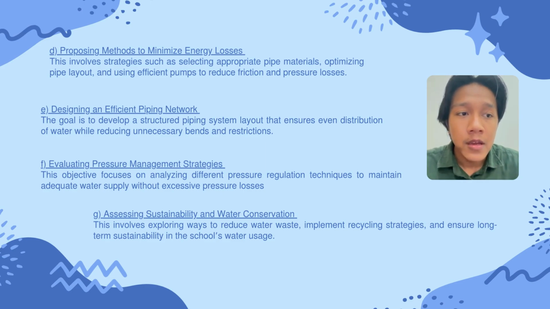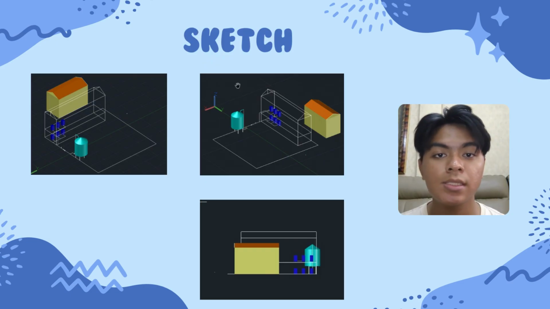And lastly, we assess sustainability and water conservation. This involves exploring ways to reduce water waste, implement recycling strategies, and promote long-term sustainable water usage in the school. Thank you.